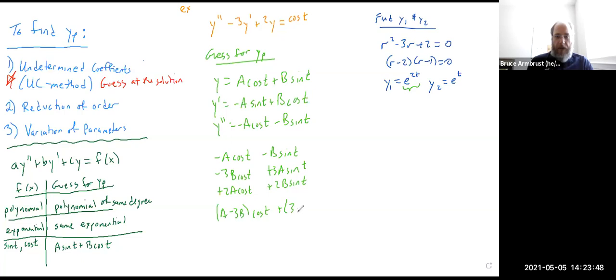These guys give us 3a plus b times sine of t. And now if we look at what form we wanted, just cosine. That tells us a minus 3b has to equal 1. And 3a plus b has to equal 0.